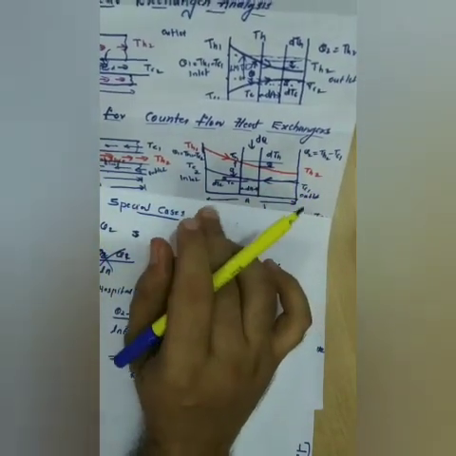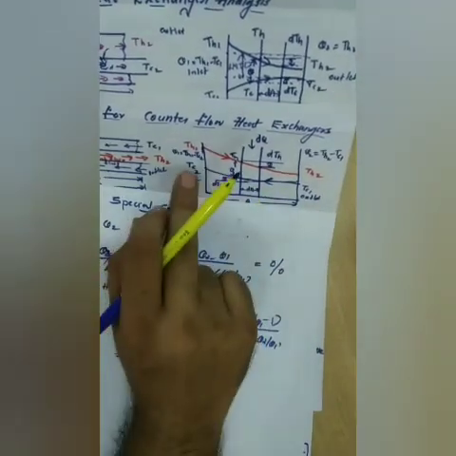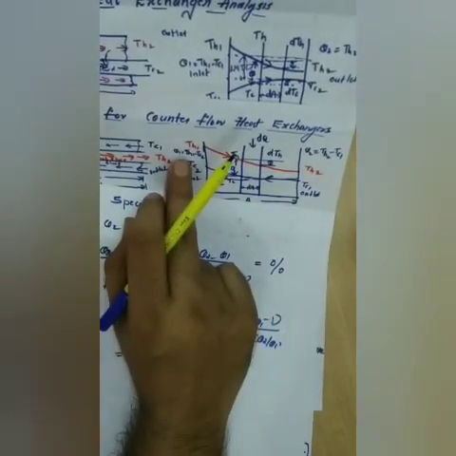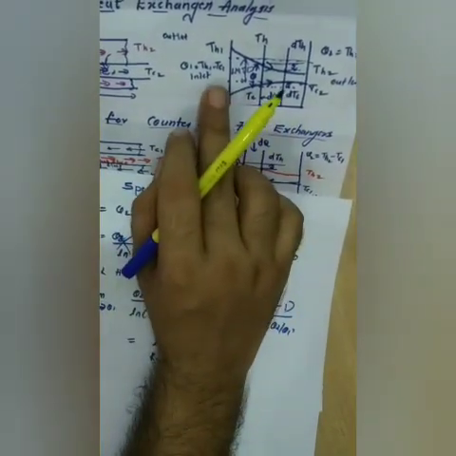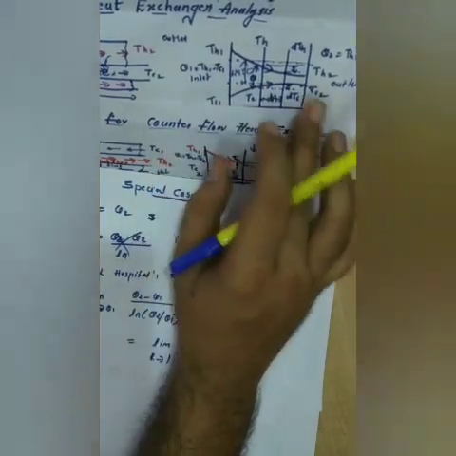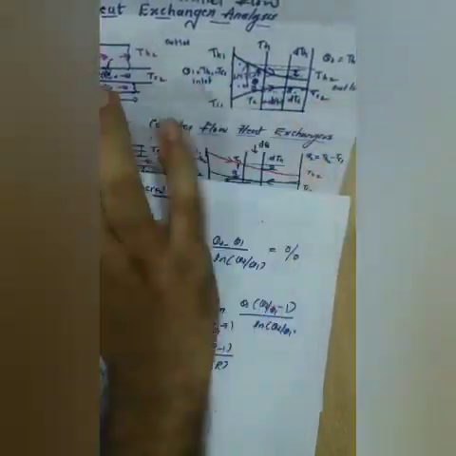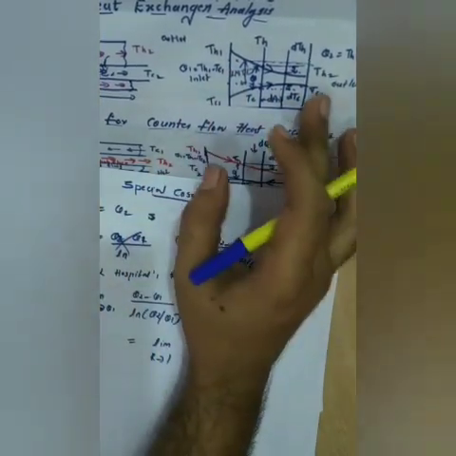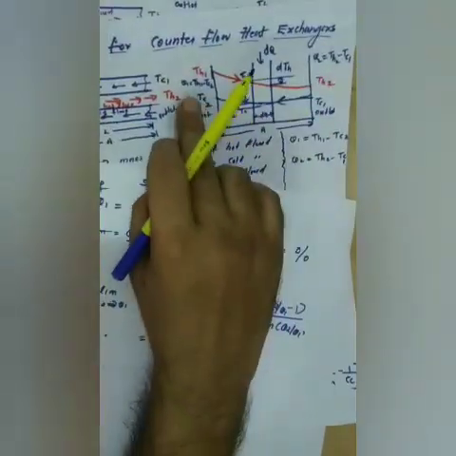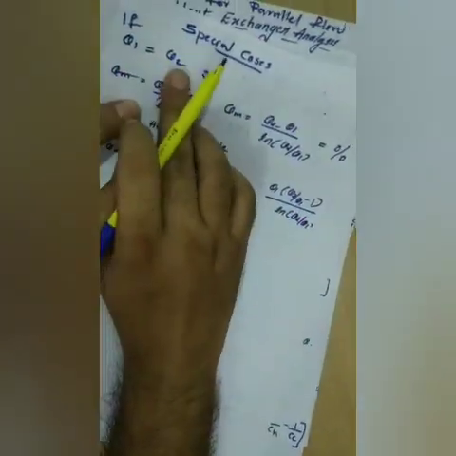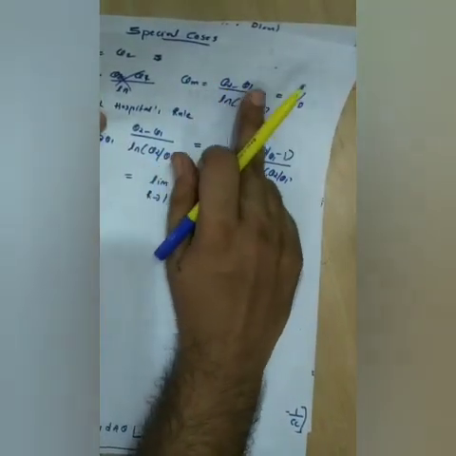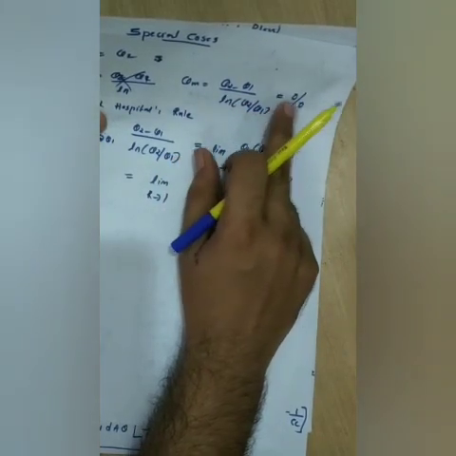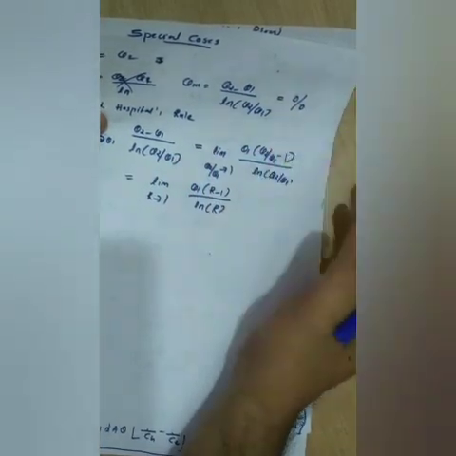If you analyze it closely, there is a chance for counterflow heat exchanger that theta 1 can be equal to theta 2, but it is not possible in the case of parallel flow heat exchanger, because the arrangement is such that TH1 minus TC1 is always greater than TH2 minus TC2. Here there is a chance that theta 1 is equal to theta 2, and if that is there, then theta m, which is theta 2 minus theta 1 by log theta 2 by theta 1, will be in 0 by 0 form, so we cannot move further.